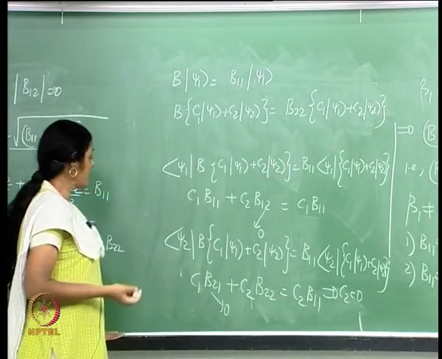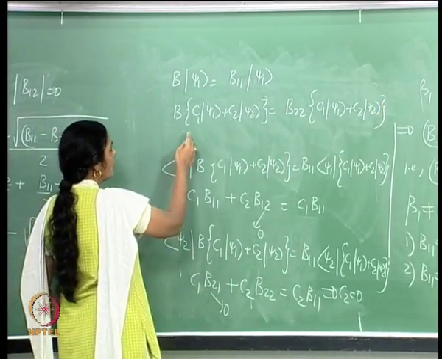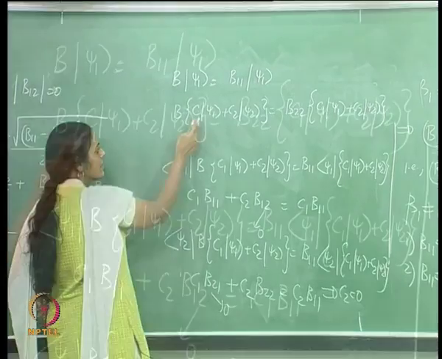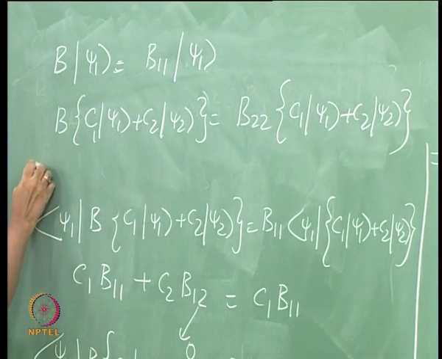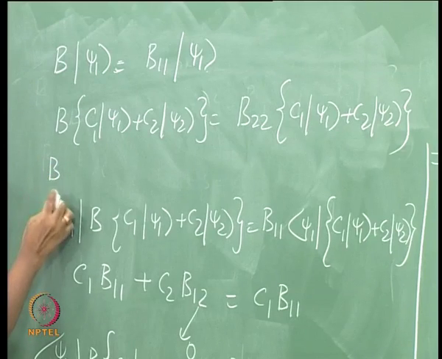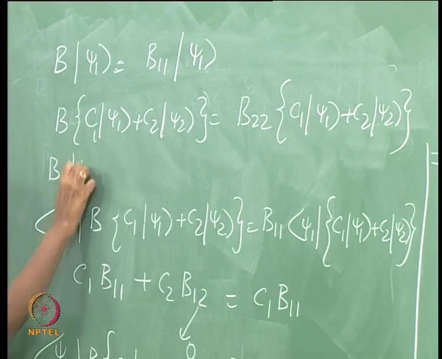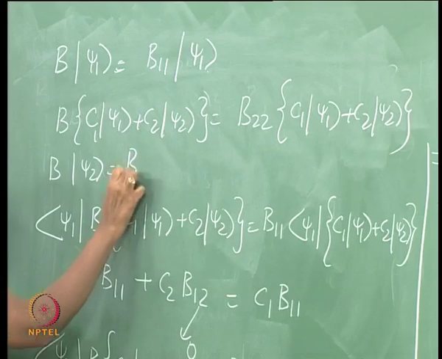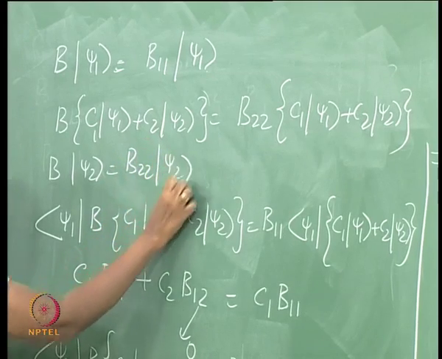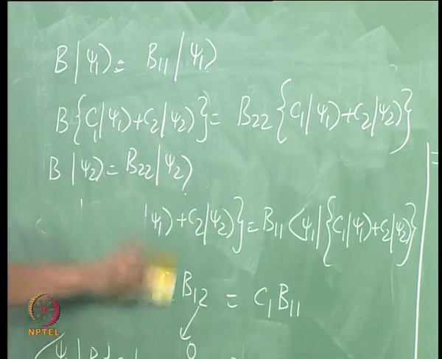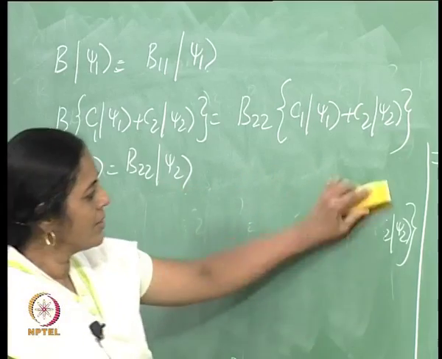Proceeding on the same lines as before, I can now show that in this case, if C2 is 1 and C1 is 0, it follows that B psi 2 is B22 psi 2. What is it that I have established?